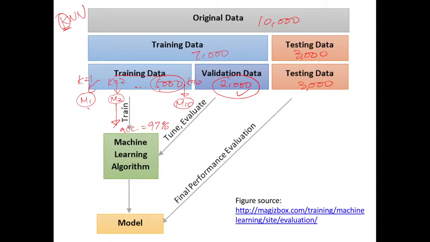A more reasonable estimation is that if you found that K equals 2 is the best hyperparameter based on the validation set, then you should combine the training data and the validation data together and build a KNN model where K equals 2.